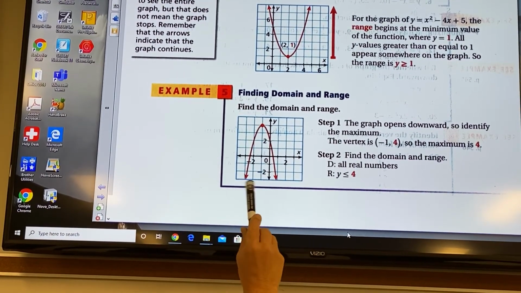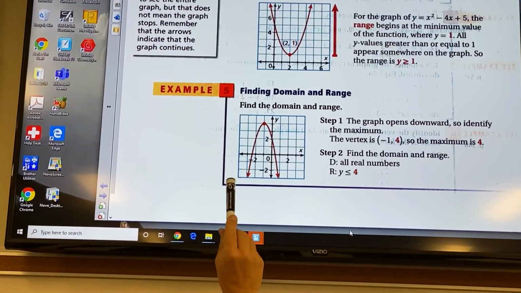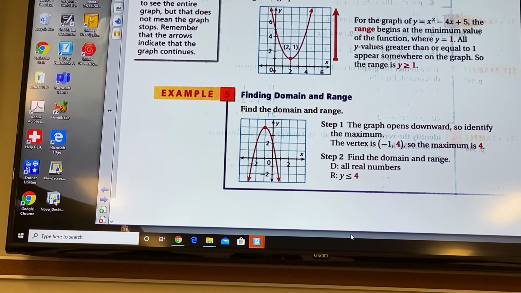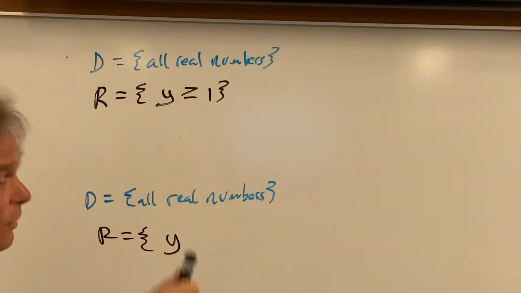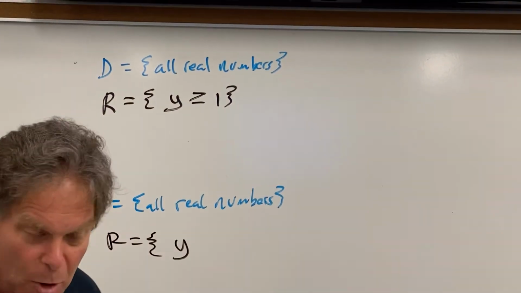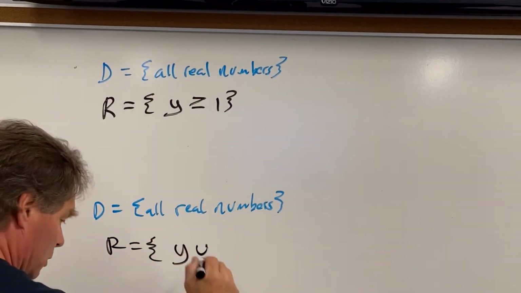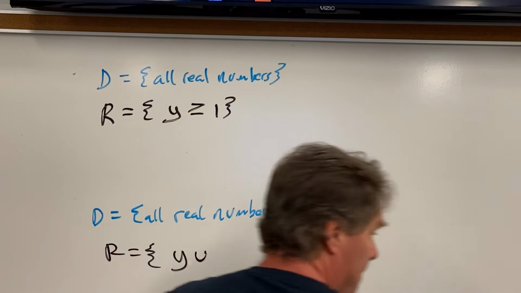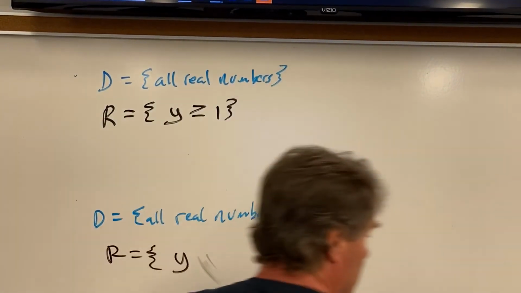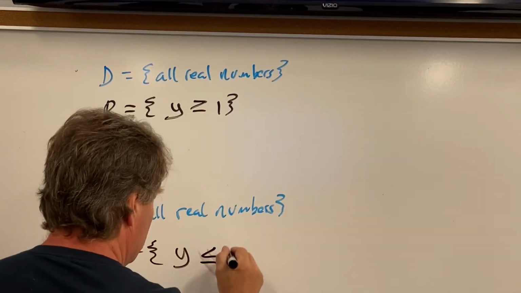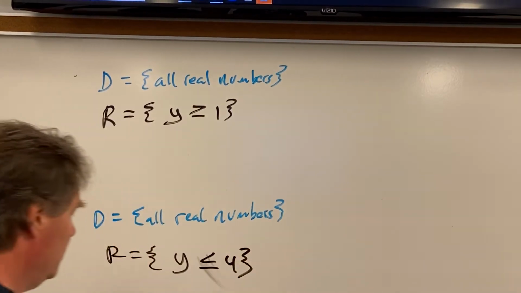Look, 5 is not on the graph. 6 is not on the graph. 4 is the highest y value that's on the graph. So the range here is going to be, and notice it's either 4 or smaller, so it has to be y is less than or equal to 4. So there's the range.